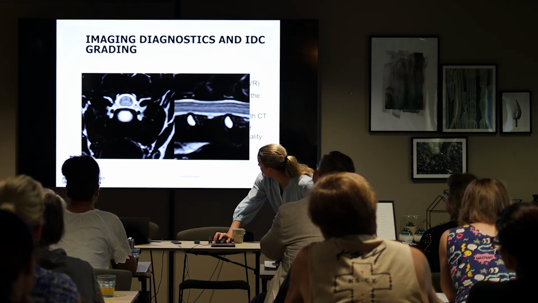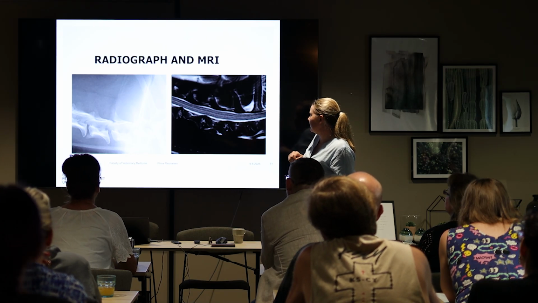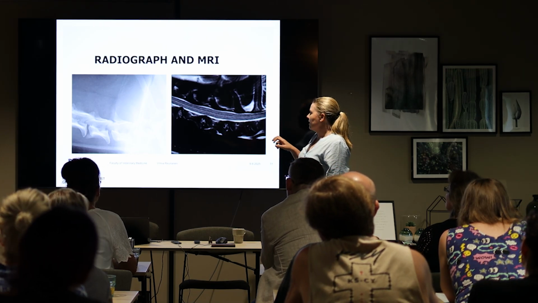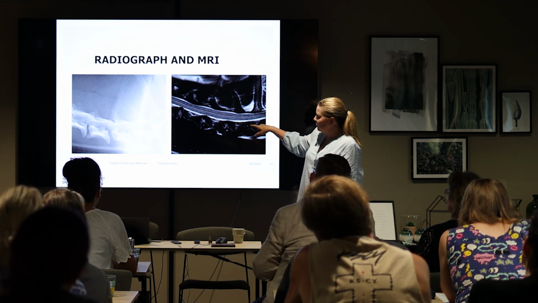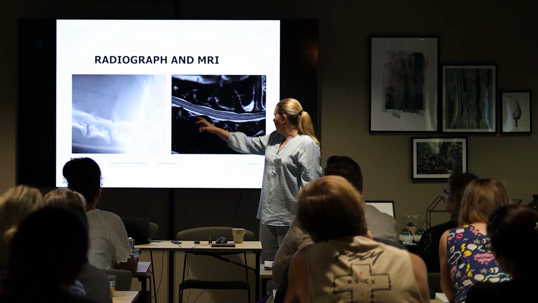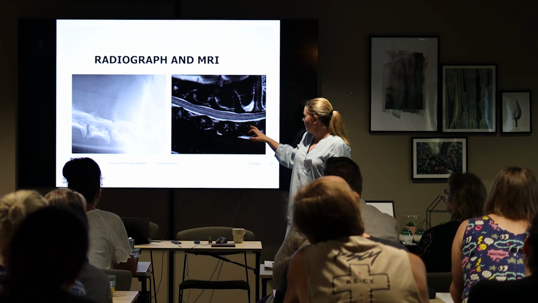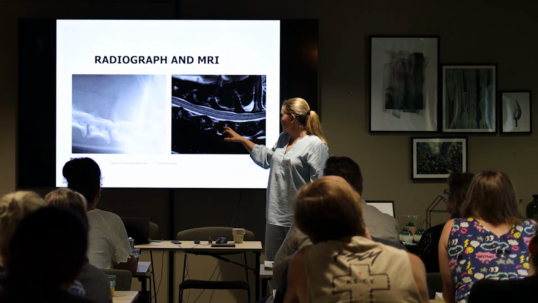And then, I don't know if you see so well from these images, but at least you can see in these MRI images that you don't see these white discs here anymore. This dog has severely degenerated discs and some moderately degenerated discs.